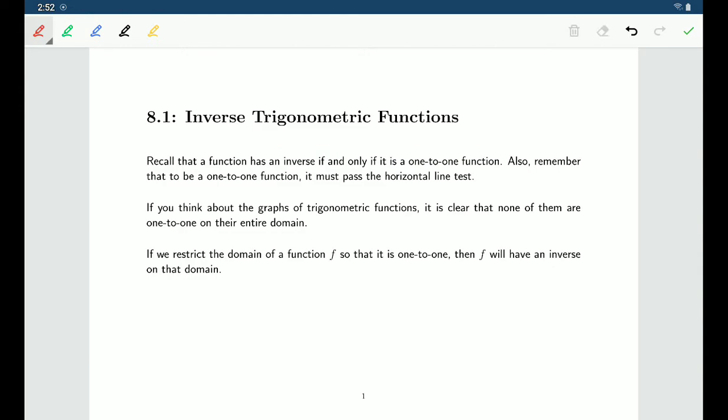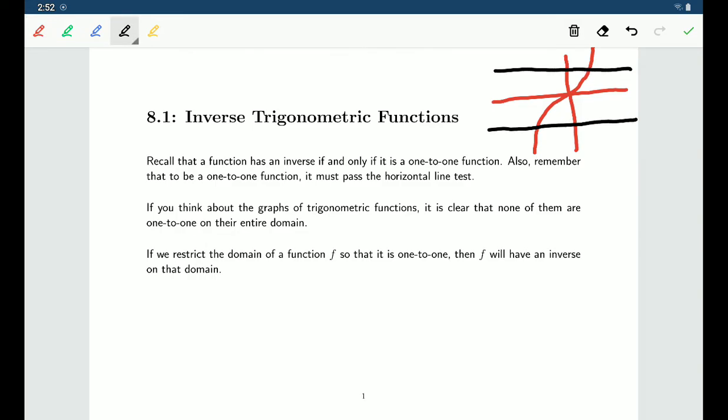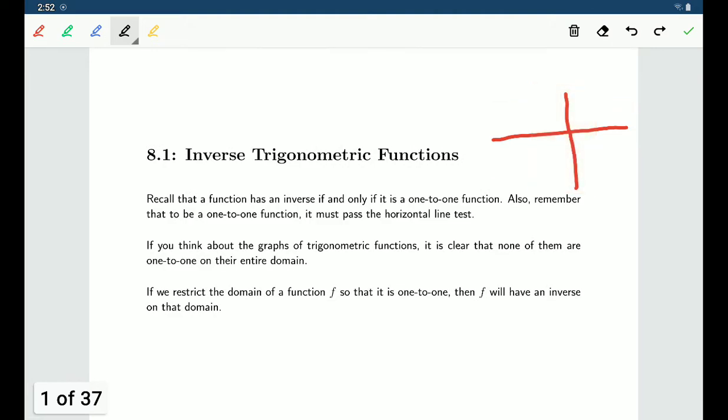So just to flash back to previous material, if I gave you the graph of y equals x cubed, that is one-to-one because any horizontal line you feel like drawing certainly will cross through the graph in at most one place. On the other hand, if you were to look at the graph of y equals x squared, that wouldn't be one-to-one because a horizontal line can cross through that graph in more than one place.